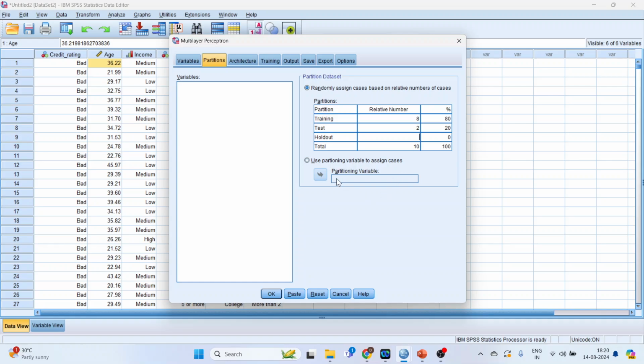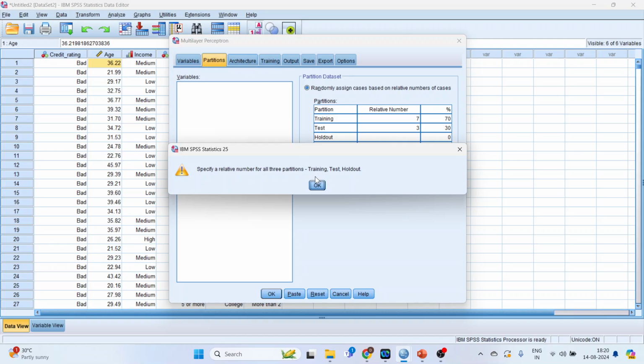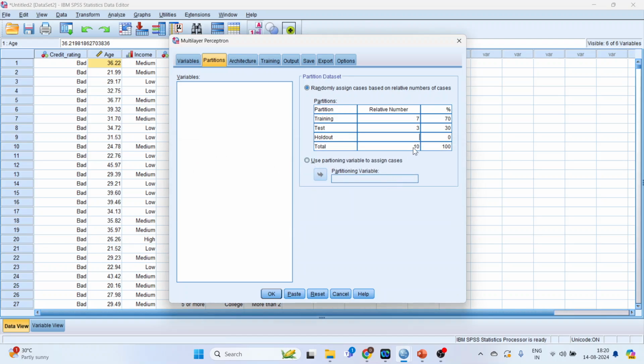Partitioning can also be done on the basis of some variable. So here keep it 7, keep it 3, and now go to the architecture. Here holdout should be 0.